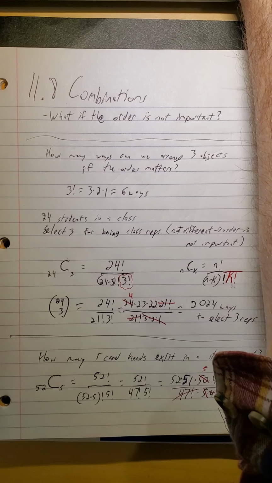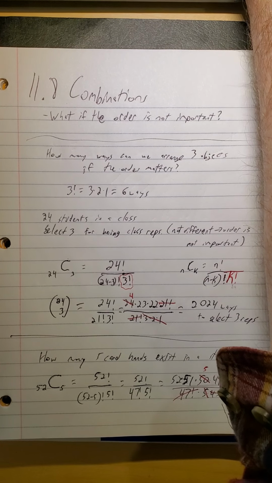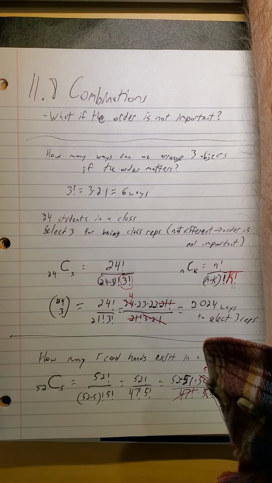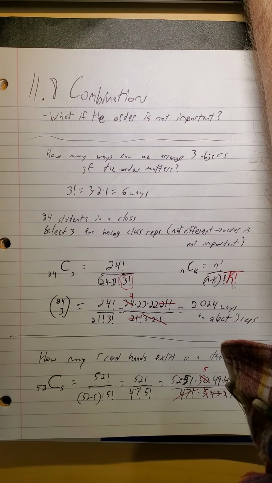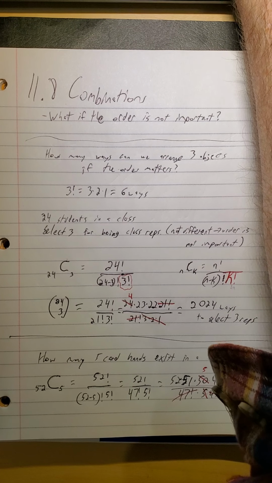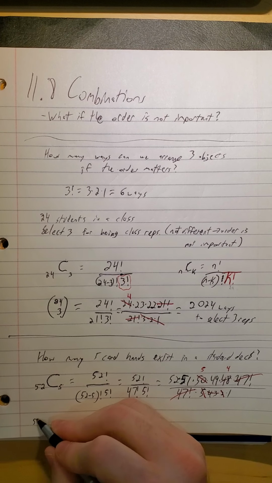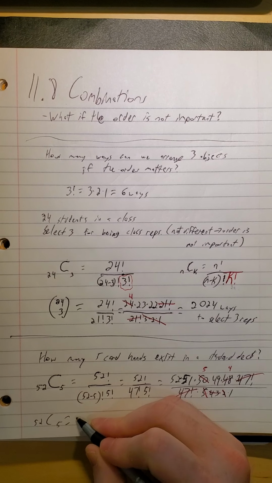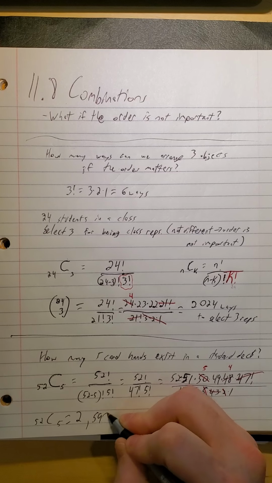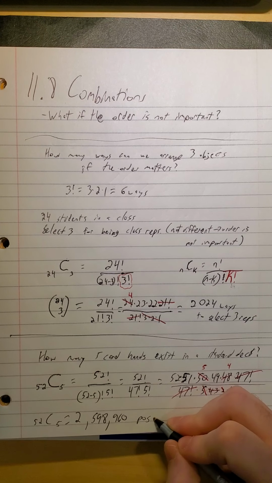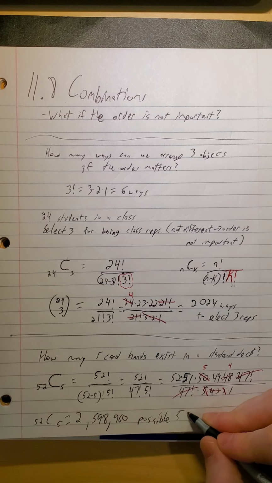So 52 by 51 by 5 by 49 by 4. So 52 choose 5 is 2,598,960 possible 5-card hands.